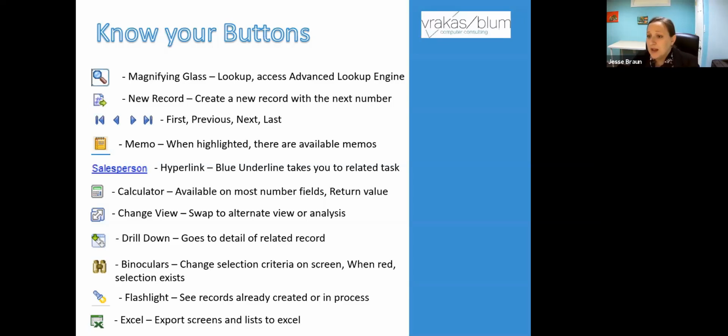And so you want to keep in mind, if I want to see transactions going back quite a ways, click the binoculars button and clear out that selection to show me all of the transactions. On some of the screens, if the binoculars is red, that means that there's a selection that exists. This doesn't apply in item maintenance because the default is to have that selection of whatever your current period is.